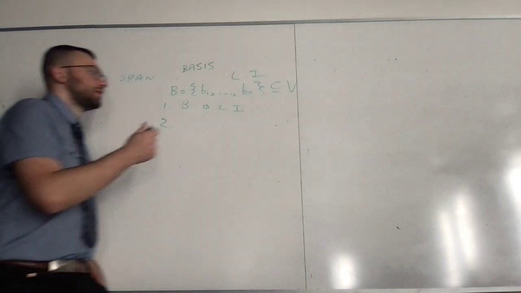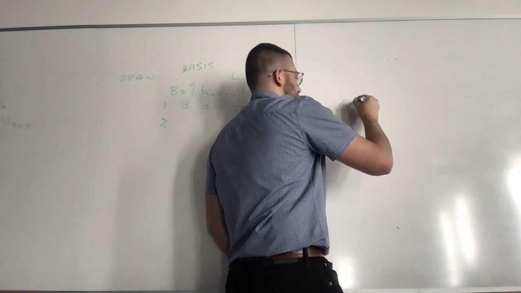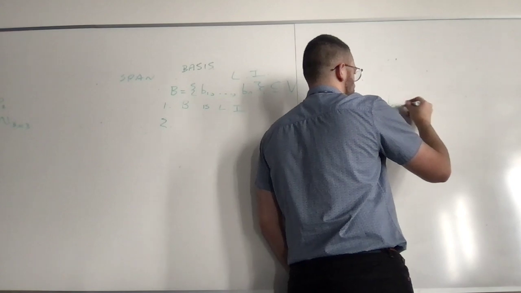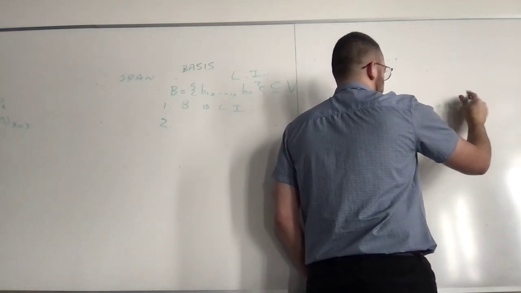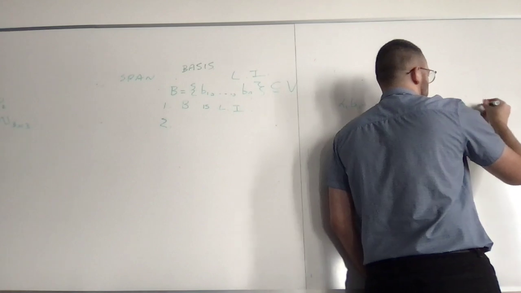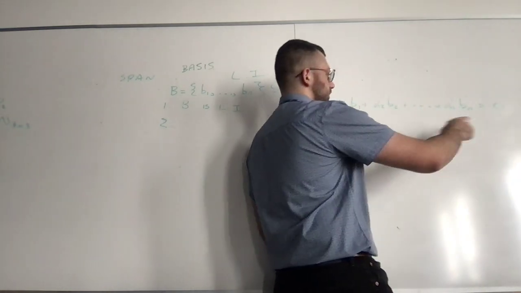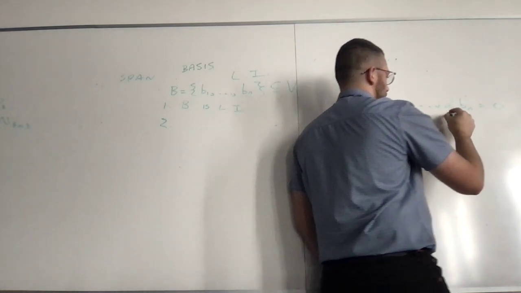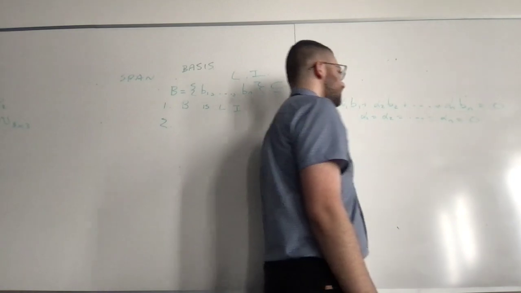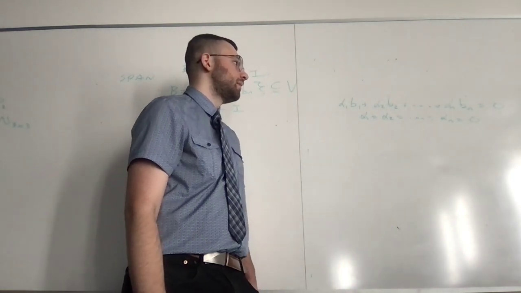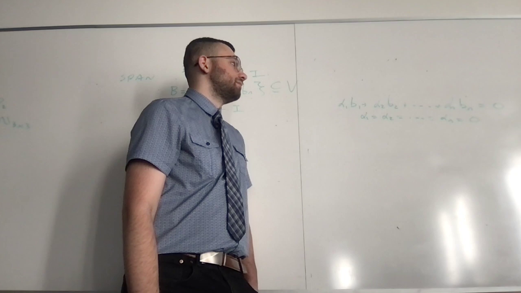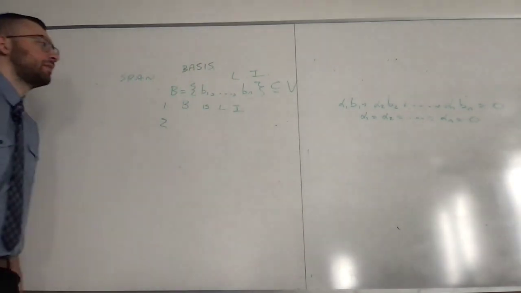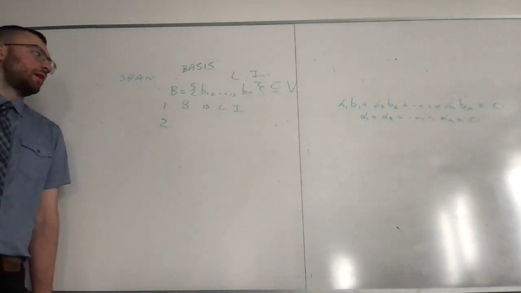You would set alpha 1 B1 plus alpha 2 B2 plus all the way to alpha n Bn equal to the 0 vector, and if the only solution to this system is alpha 1 equals alpha 2 equals alpha n equals 0, the trivial solution, then your set is linearly independent.